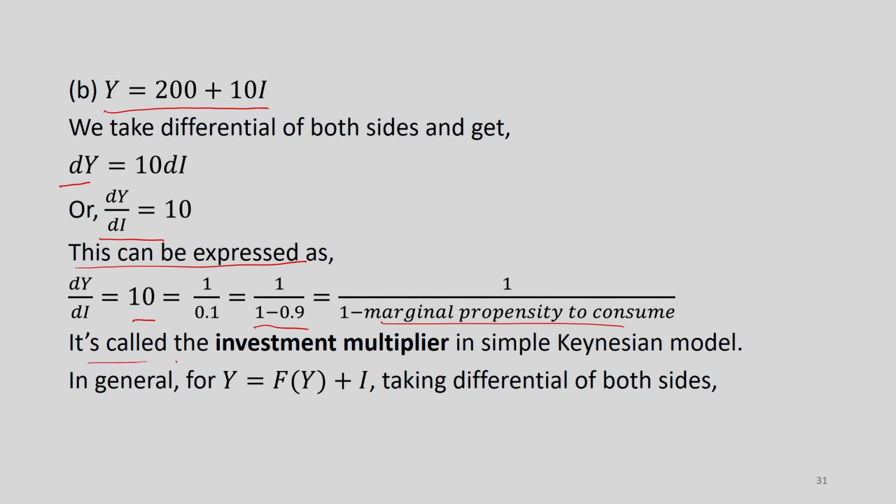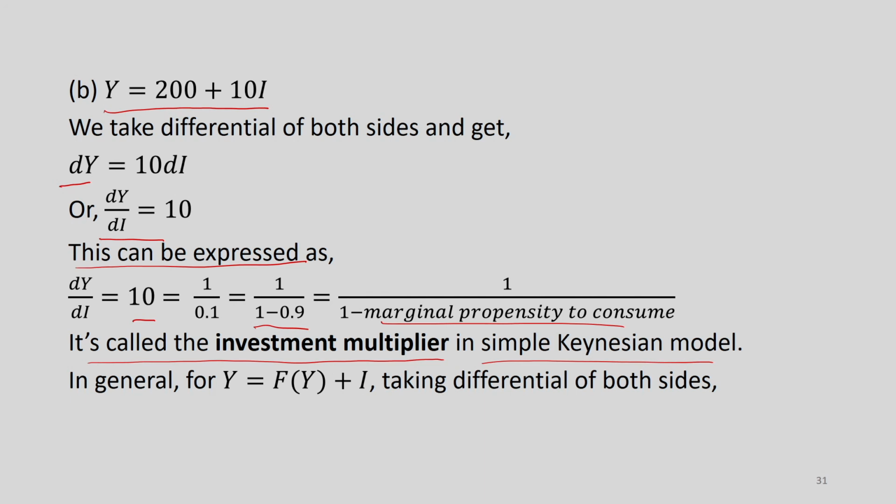This is also known as the investment multiplier in the simple Keynesian model. So, this sort of model is called a simple Keynesian model, and in this kind of model dy di is called the investment multiplier, and it is given by 1 divided by 1 minus the MPC, marginal propensity to consume.